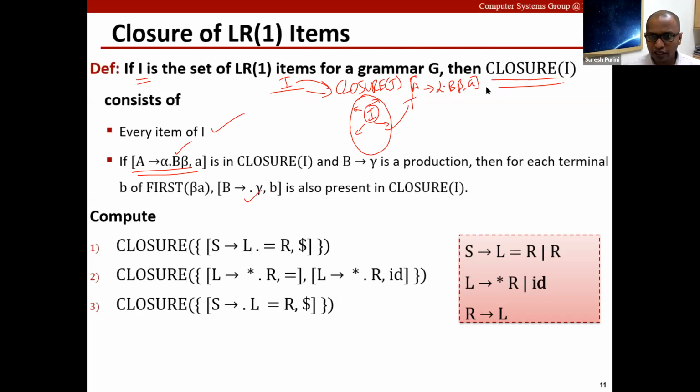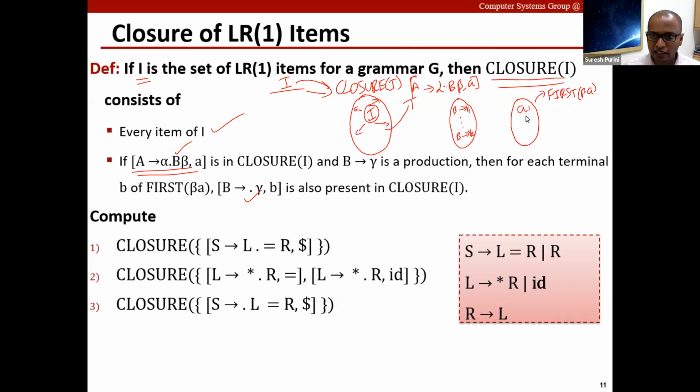And what we do is, B can have different substitution rules, like B goes to gamma 1, and so on, B goes to gamma K. So there can be K different substitution rules associated with the non-terminal symbol B. And then we take one more set of terminal symbols, and all these terminal symbols are present in the set first of beta a. We ignore B and we compute first of beta a.